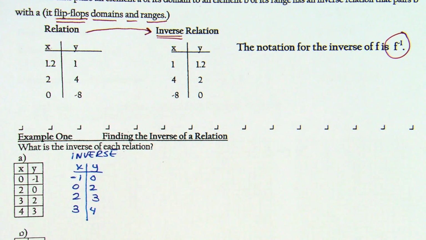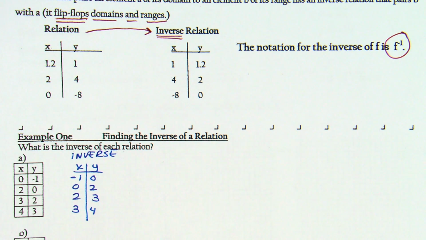Now, it doesn't say it here, but we're going to talk about it. Are these functions? In the definition, it was defined as a relation. A relation just means a set of ordered pairs. It does not define it as a function.